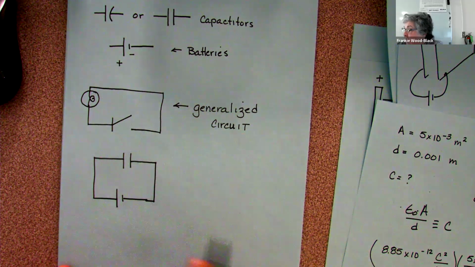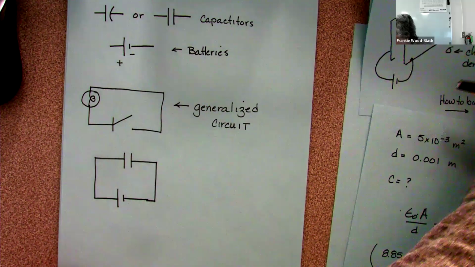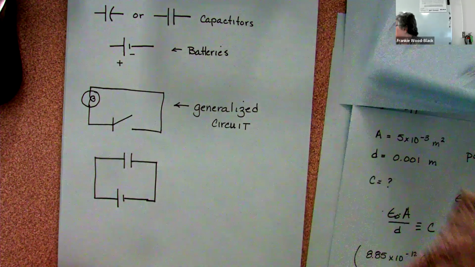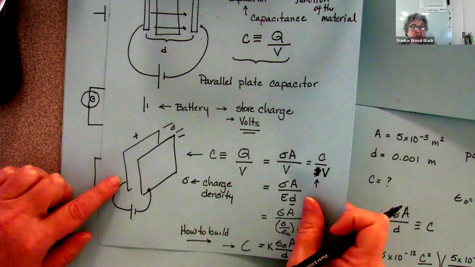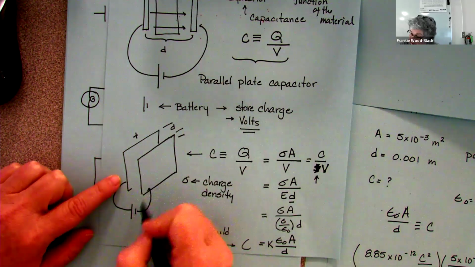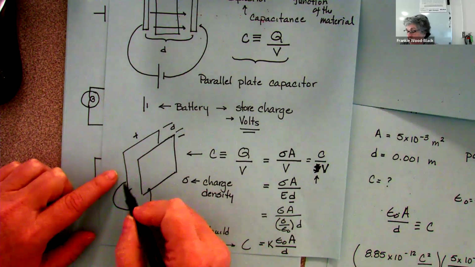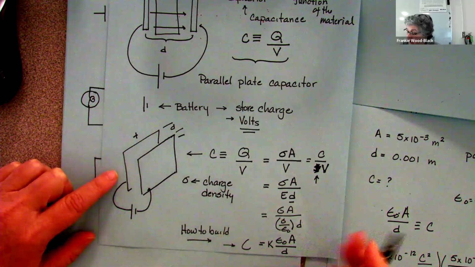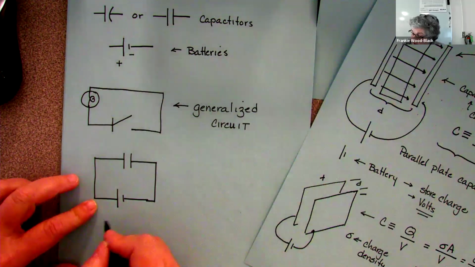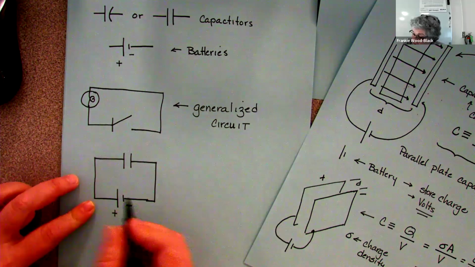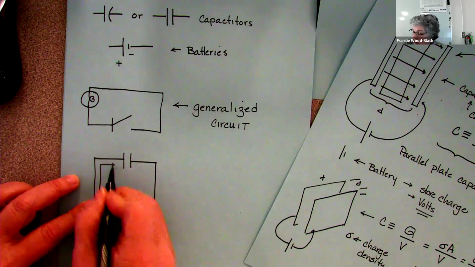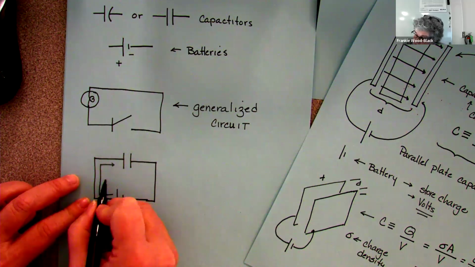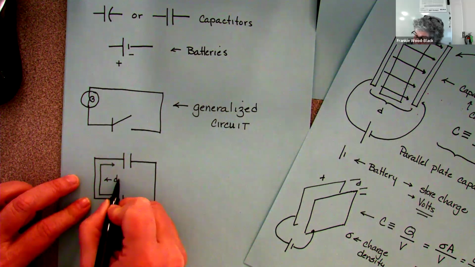So this is the same circuit that I physically drew here. We've got our battery that's connected to a plate, and we have our circuit. So this is positive and negative, and we're going to have the charges flow. This is the direction of charge flow.